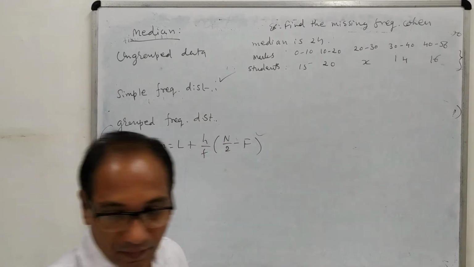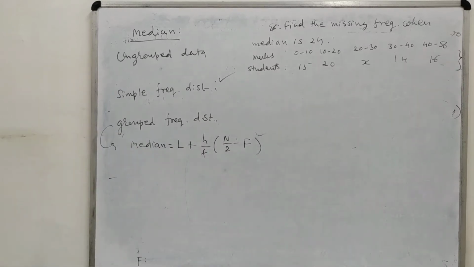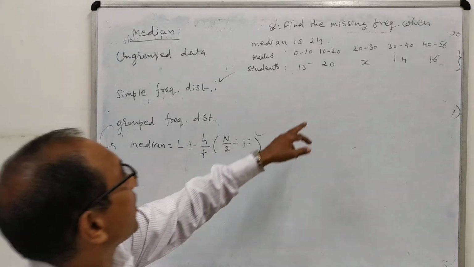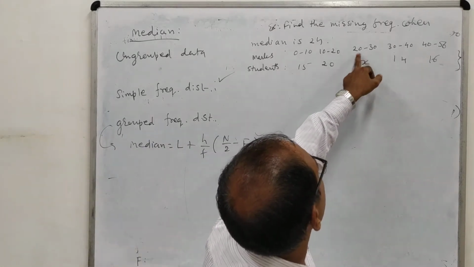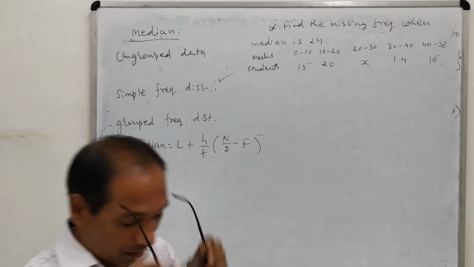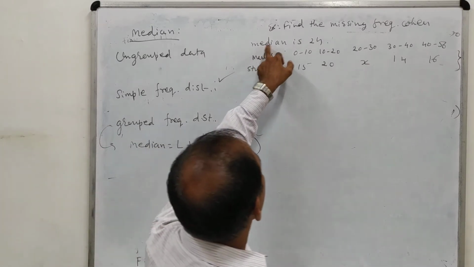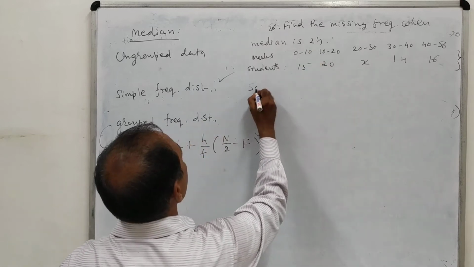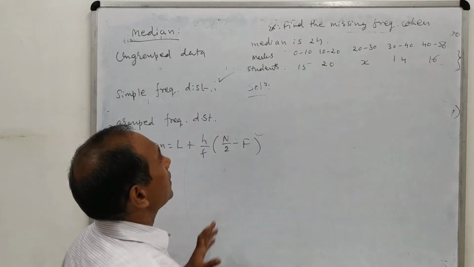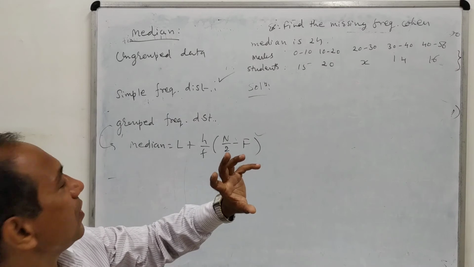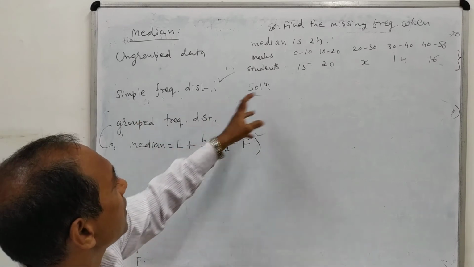Now see, here the frequency of the class 20 to 30, X, is missing and we want to find it. How will we find it? We are given the median, so we will make use of the median. Here we are given a grouped frequency distribution.